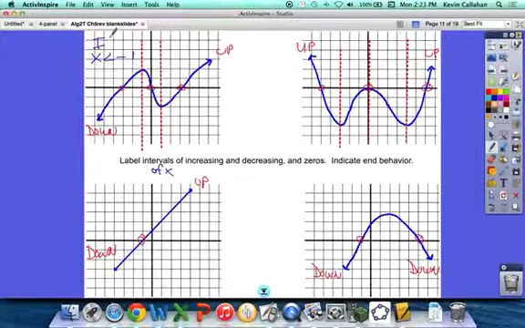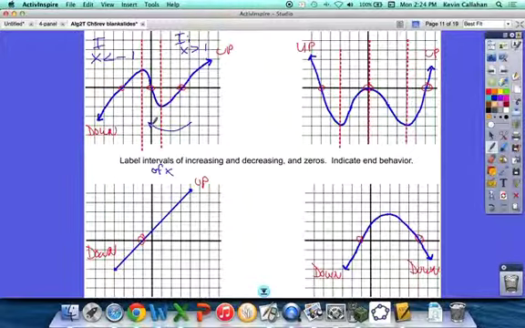Okay. How would you describe this interval of increasing? It's starting at which x value? It's starting at 1, and it goes infinitely to the right. So you say increasing, x greater than 1. And then how do you describe the interval of decreasing, which is in between -1 and 1?